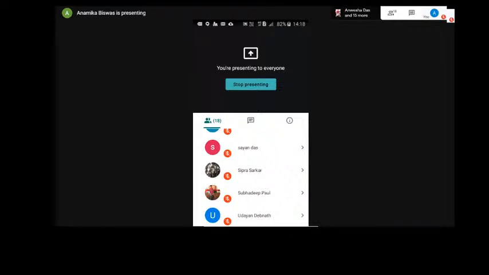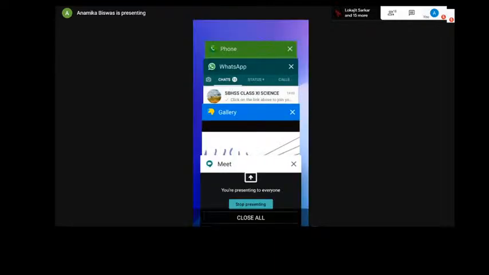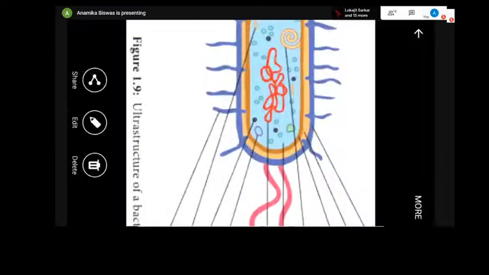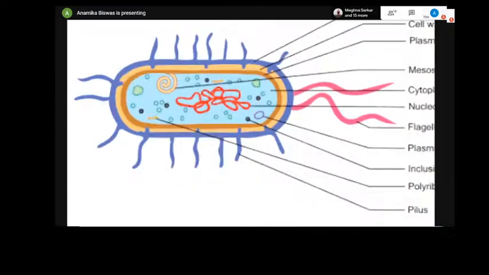This process is called phagocytosis. The bacterial cell is very small, and there is a possibility of phagocytosis by other organisms. So the outer covering of the bacterial cell is made up of tough covering which is called capsule, to resist phagocytosis by the other organisms.